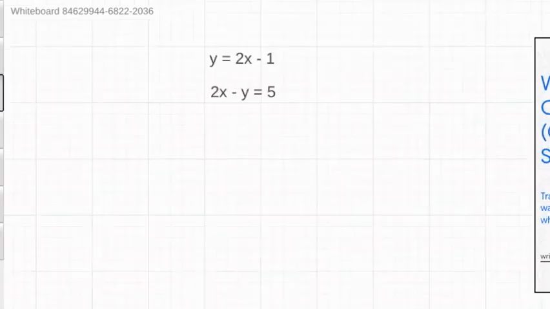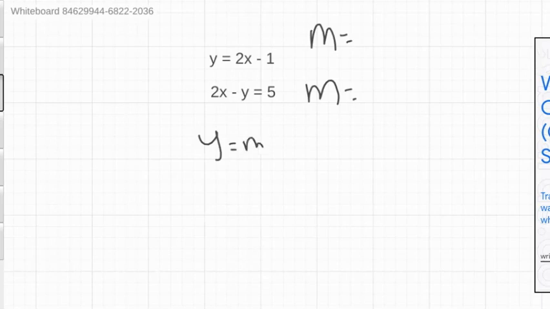Alright, so we're going to find whether these lines are parallel, perpendicular, or neither with these equations. So we want to find m for each of them and see if they're the same, opposite reciprocals, or neither. We don't even have to put it into our y equals mx plus b form because we know that m is always in front of x.